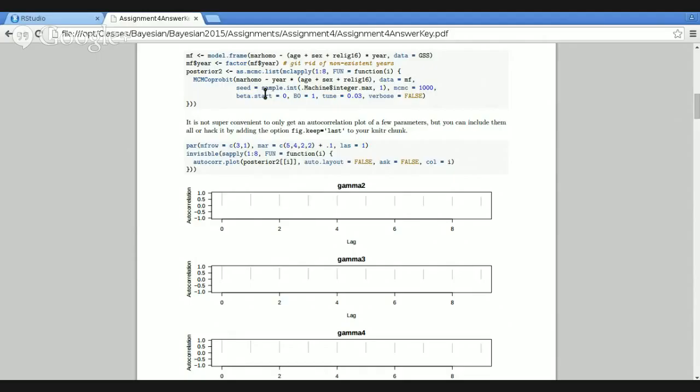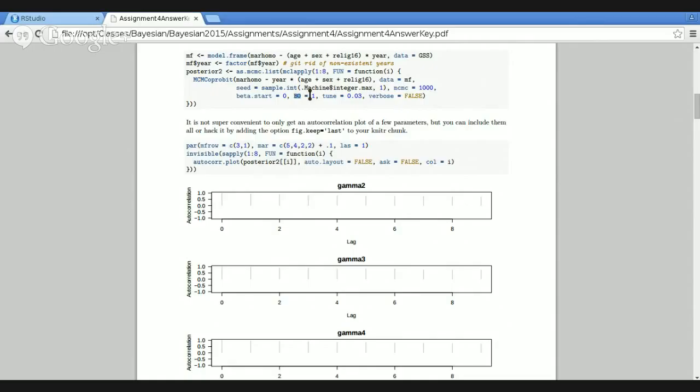And to circumvent some of the problems, since some religion categories were not observed in some years, it's good to pass a starting value for the betas, and it's good to put a proper prior on the betas. So this is an identity precision matrix. And if you give it beta start, it doesn't have to do maximum likelihood to find the starting values.